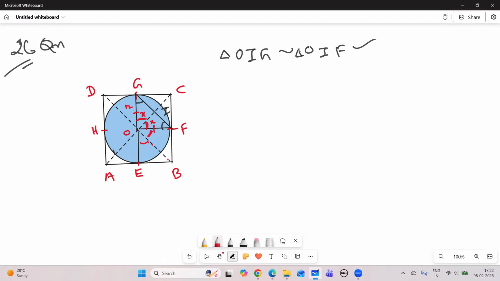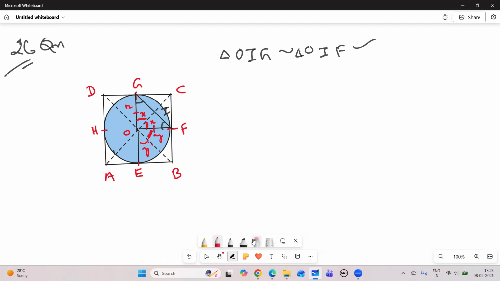These are the angles between the line segment OB, joining this vertex to O, and the radius passing through the point of contact. Let me call the value of this angle small y. It is equal to the line segment BO making an angle with OE, which means this angle is also y. That's how we get angle EOB is equal to angle FOB. These two angles are equal.